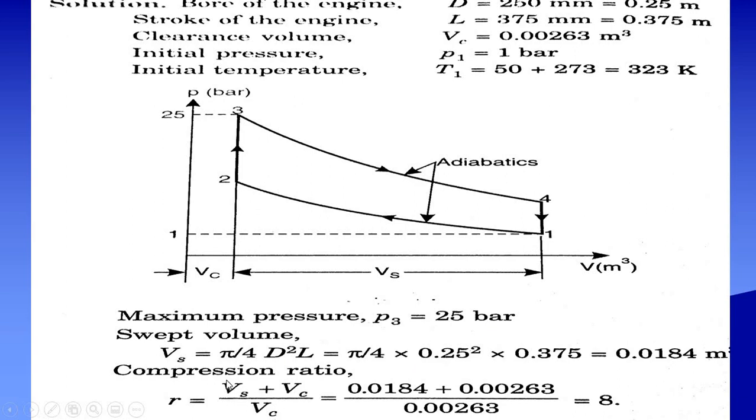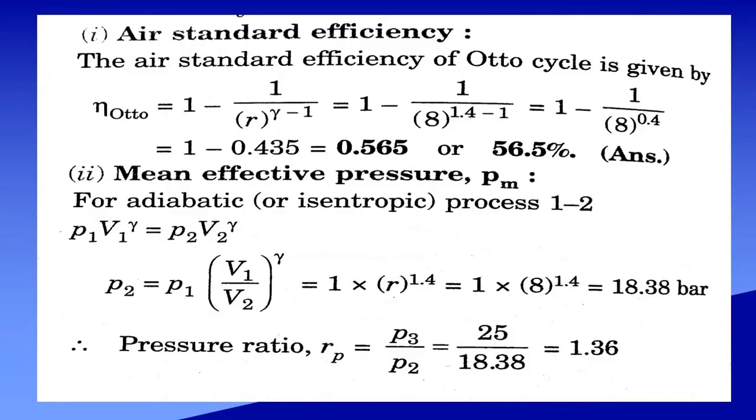As I told you, Vs is determined using the formula and Vc is already given, so you can find the value of R. The air standard efficiency for the Otto cycle is 1 minus (1 by R) whole power gamma minus 1. You can easily find the air standard efficiency by substituting the value of R in this formula, and gamma is 1.4 for air.